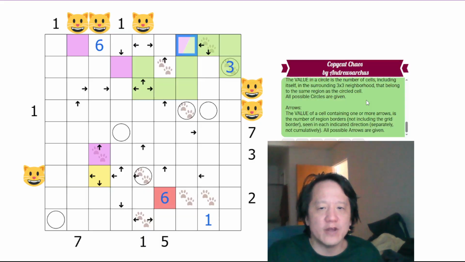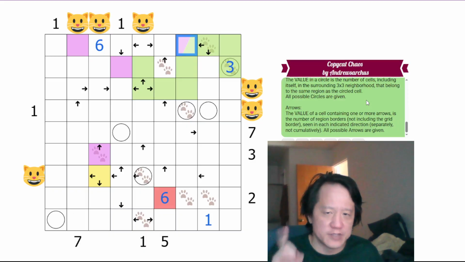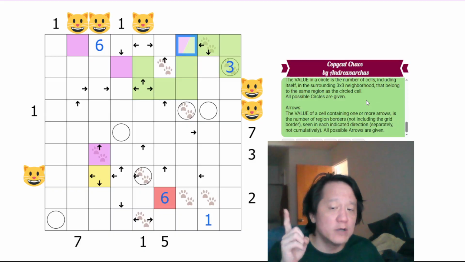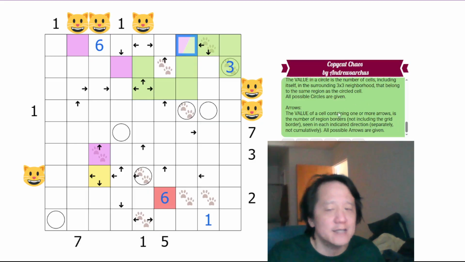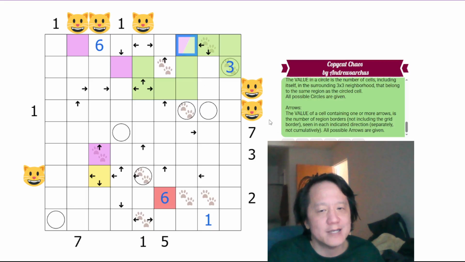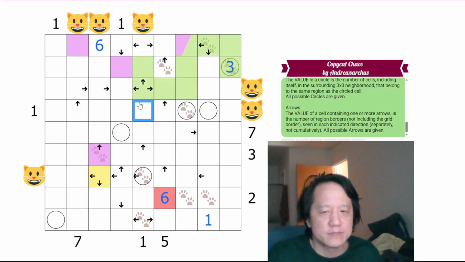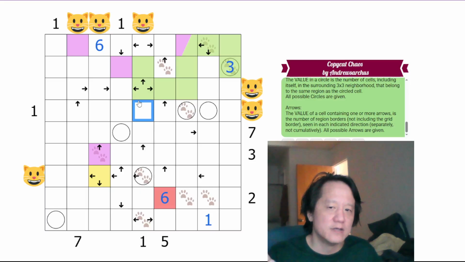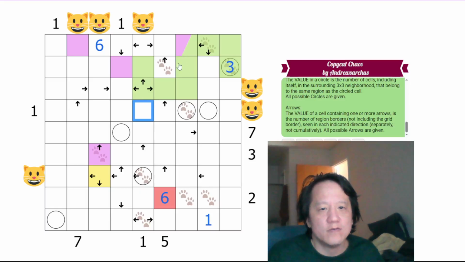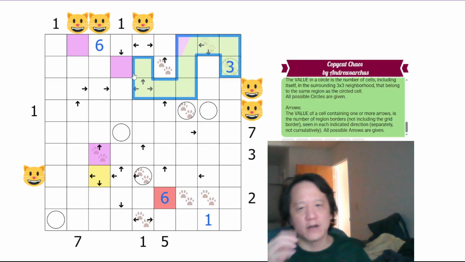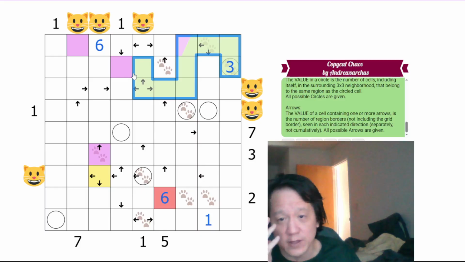And finally, we have arrows, where the value of a cell containing one or more arrows is the number of region borders, not including the grid border, seen in each indicated direction. Separately, not cumulatively. Okay, let me think that through.